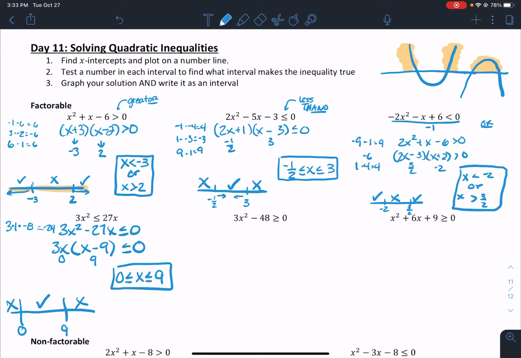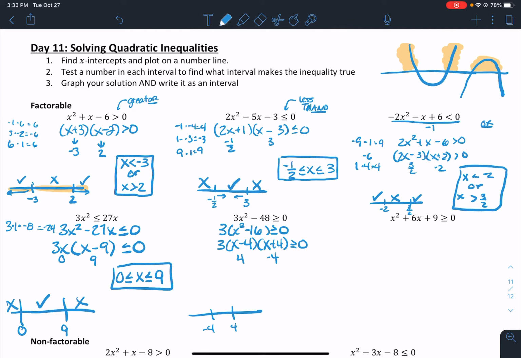Let's do this again. I have a GCF of 3, so I'll go ahead and take that out. This is a greater than problem, so I should have an "or" at the end of the day. That'll be x minus 4, x plus 4. All right, so I have 4 and -4 as my two x-intercepts.